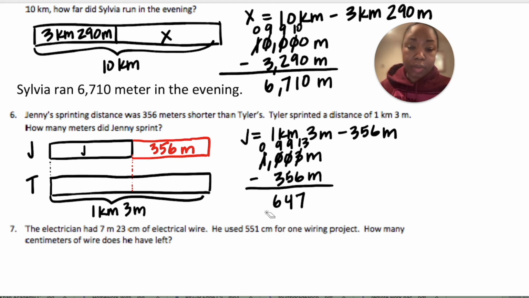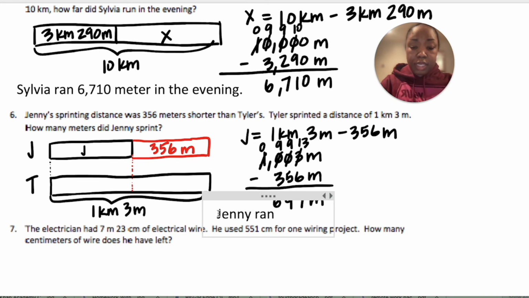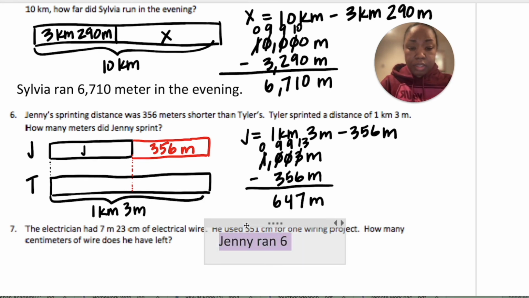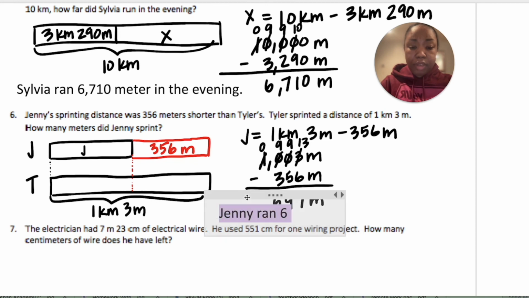And we have 0, which means Jenny ran 647 meters. Let's write that. Jenny ran 647 meters.